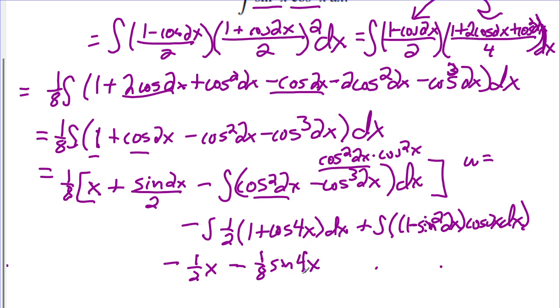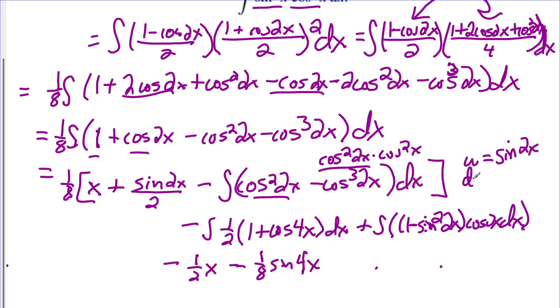Now we can then tackle this last integral. Note here, after we do our multiplies, I lost an integrand of 1/2. We're going to do a u substitution for this one, and that is u is equal to sine of 2x.